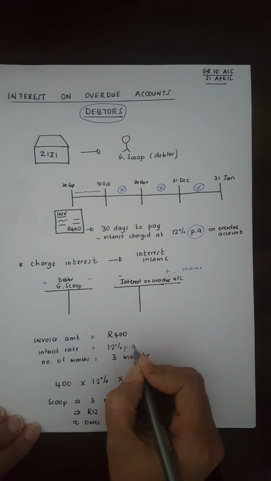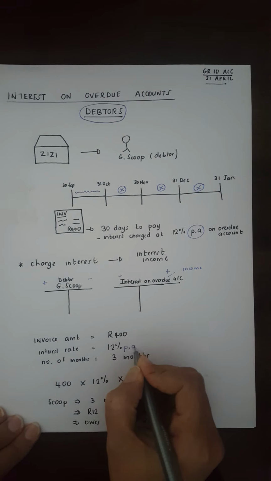We worked out 400 times 12% per annum, so your interest is actually 4 Rand per month. He owes 4 Rand there, 4 Rand there, and 4 Rand there. That's how we charge him on the 31st of January: 4 plus 4 plus 4, which is 4 3s are 12. You get your 12 Rand.